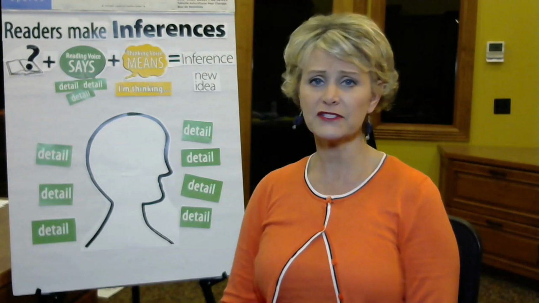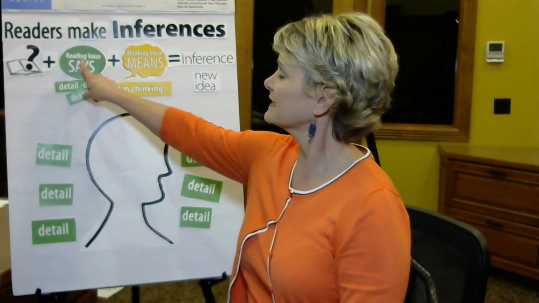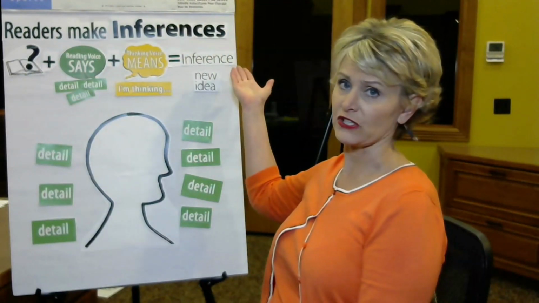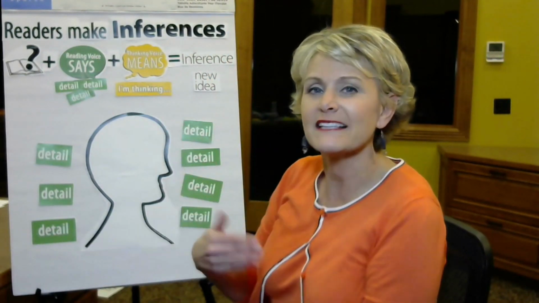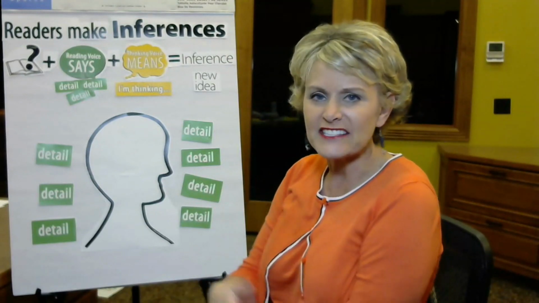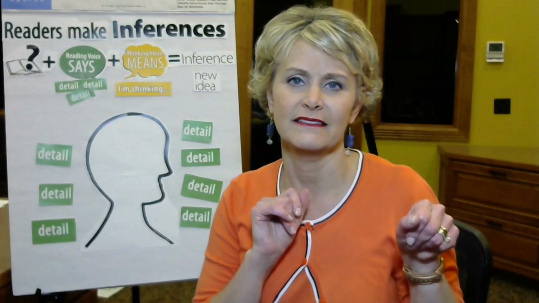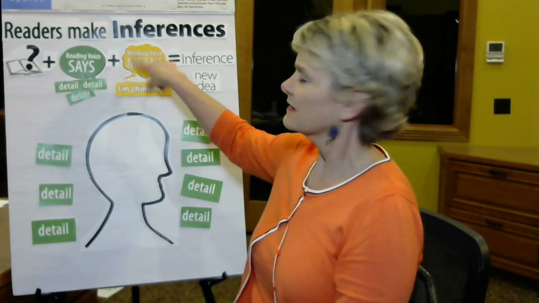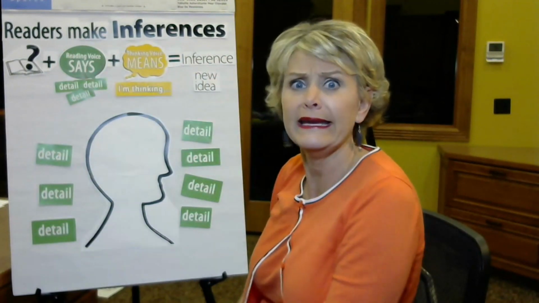But the details themselves do not answer the question. You don't read a passage, go into the text, and then get the answer. No, that's not an inference. An inference is implied. An inference is just kind of hinted at. It's the putting it together that makes it an inference. Otherwise, it would just be go get the answer.